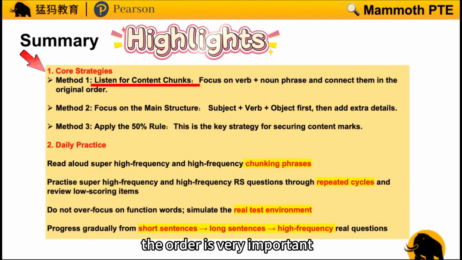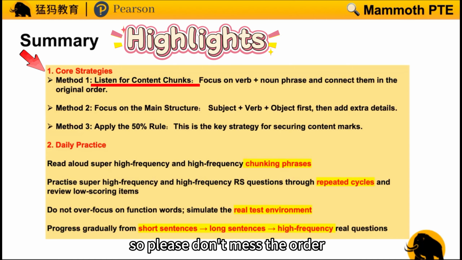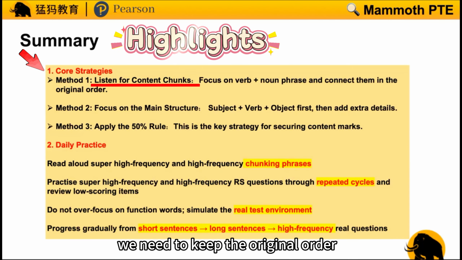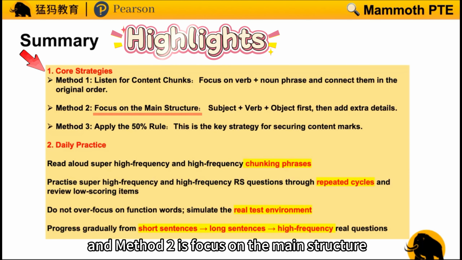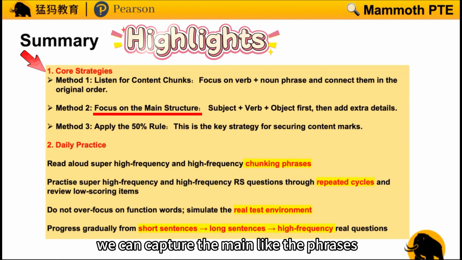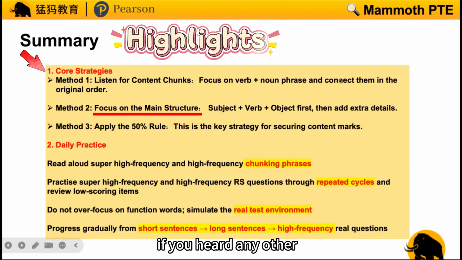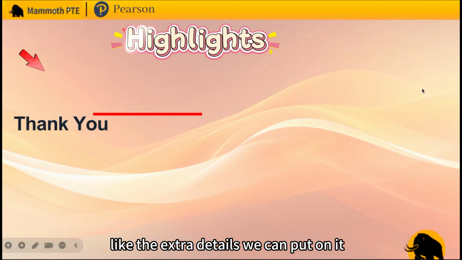The order is very important for our content scores. So please don't mess the order. We need to keep the original order. And method 2 is focus on the main structure. We can capture the main phrases, the subject, verb, and object. If you heard any extra details, we can add them.